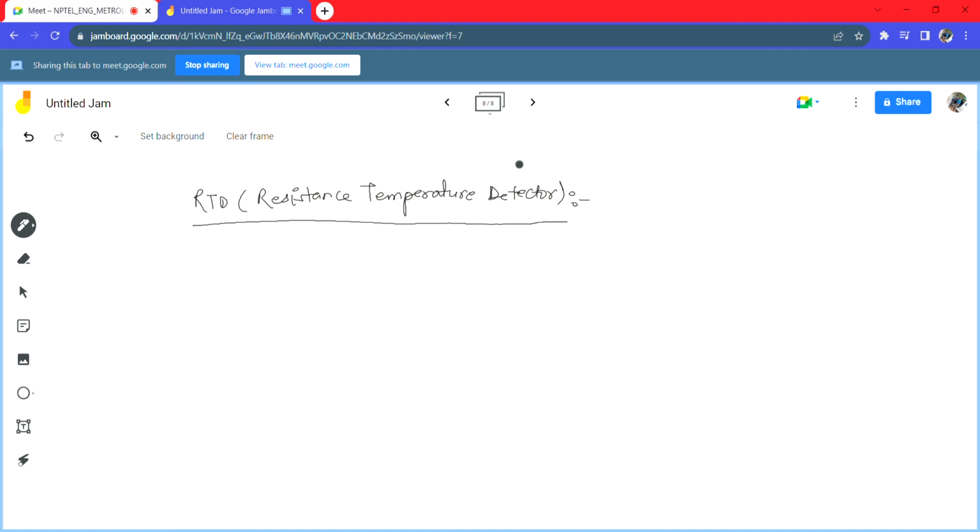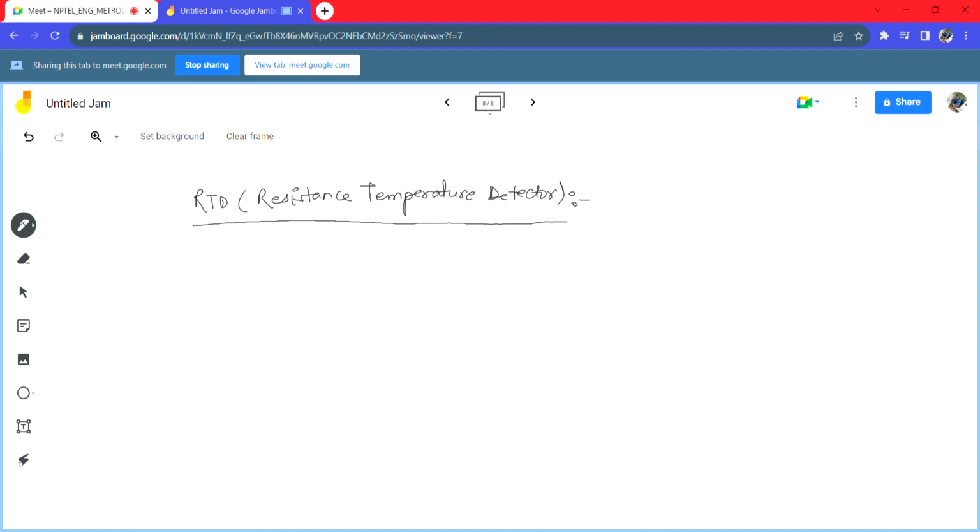Now we have seen that the thermistor is a resistance whose values change because of the rise in the temperature. So in case of the thermistors, we have seen that it is directly connected to the rise and decrease in the temperature. And here in RTD, we have used similar terms. We are saying resistance temperature detectors. So these are detectors that sense the rise and fall in temperature with the rise and fall in the resistance. So by definition, they are invariably the same thing.